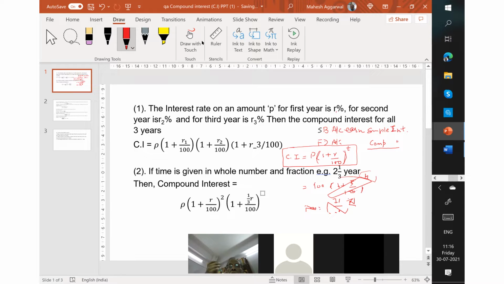And for the third year, it is R3%. Then he says find the compound interest for all the 3 years. So you simply follow this formula: P into (1 plus R1 by 100) into (1 plus R2 by 100) into (1 plus R3 by 100). So you do it like this.